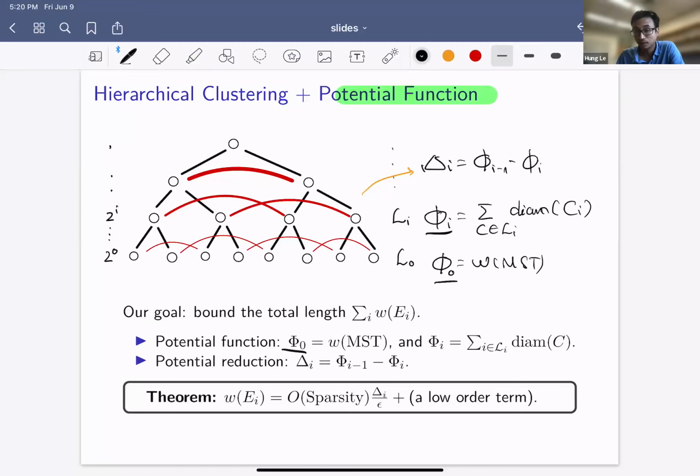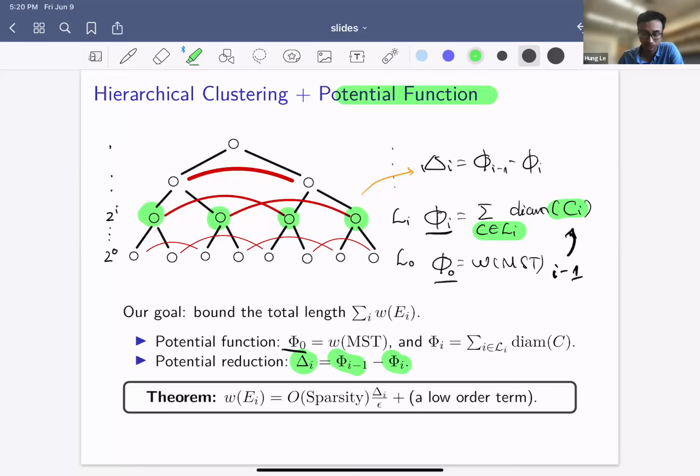At level i, the potential Φ_i is going to be the total diameter of all the clusters at the same level. And we define the potential reduction coming from level i-1 to level i: how much potential is reduced? We denote by Δ_i the potential of the previous level, Φ_{i-1}, minus the potential of the current level.